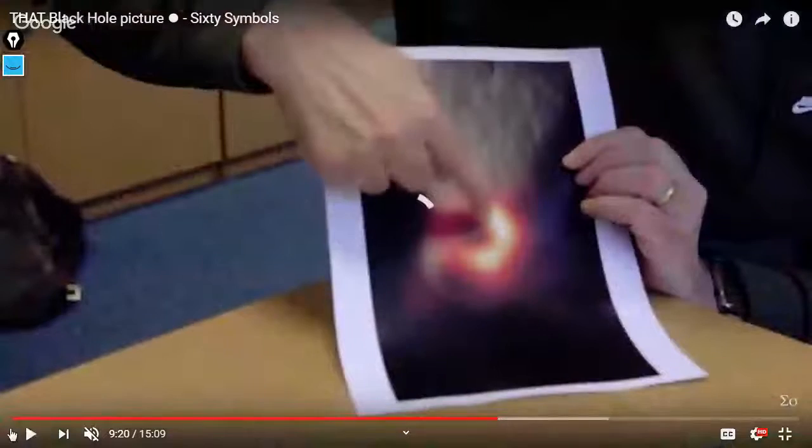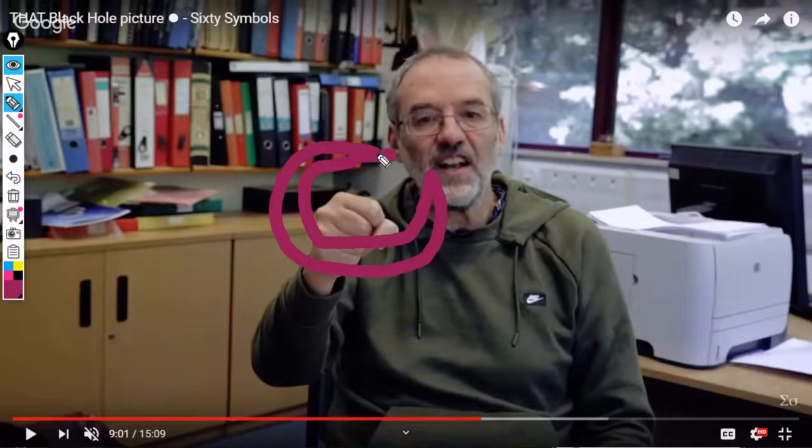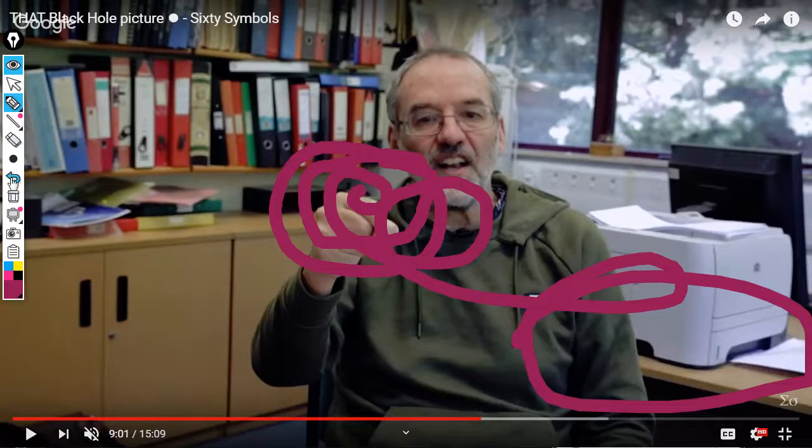So anyway, you saw him pointing right there. He thinks that the jets will be coming out of the sides when, I mean, here's your donut-shaped black hole, your quote black hole, end quote. The jet is coming out toward you like this. The picture zooms right in on it.